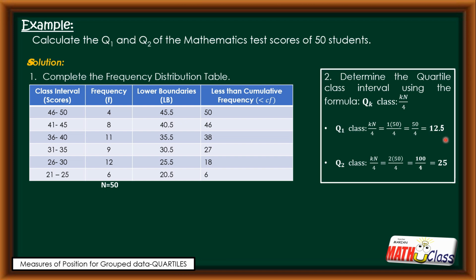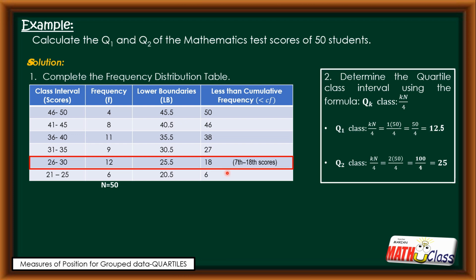This 12.5th observation can be found in the less than cumulative frequency column. Note that the 7th to 18th scores belong to the class interval 26 to 30. So the 12.5th score is also within the class interval. The Q1 class is class interval 26 to 30.